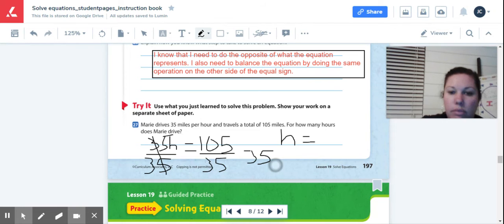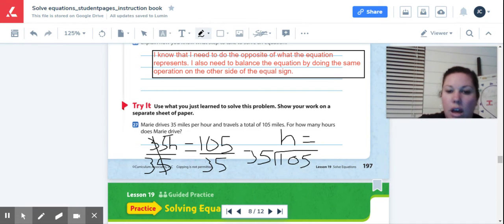35 into 105. Let's see, well, 35 won't go into 10, so I have to use a total of 105. So that means it's got to be less than 10. So I'm thinking, okay, if I know my threes, 3 times 3 is 9. So I'm going to try 8 because there's a 5 along with that. So let's try 35 times 8.